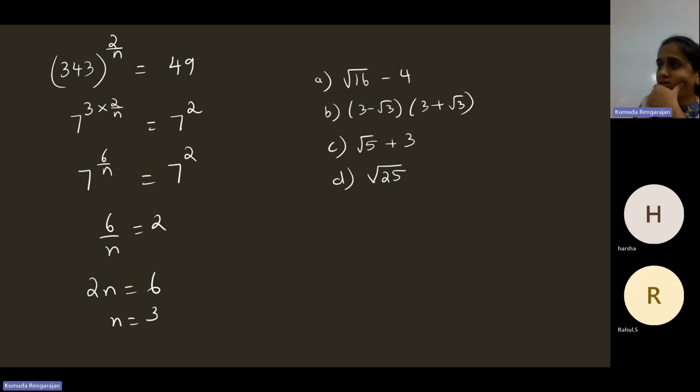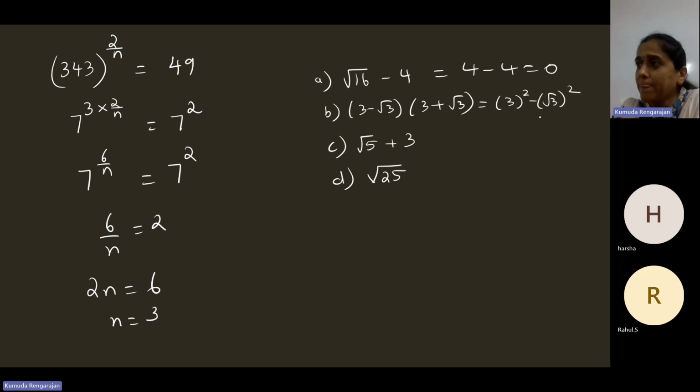Root 5 plus 3. What about the first one? Square root of 16 is 4. 4 minus 4 is 0, rational. Second one is like a plus b into a minus b, which is a squared minus b squared. So 3 squared minus root 3 the whole squared, 9 minus 3, which is 6.